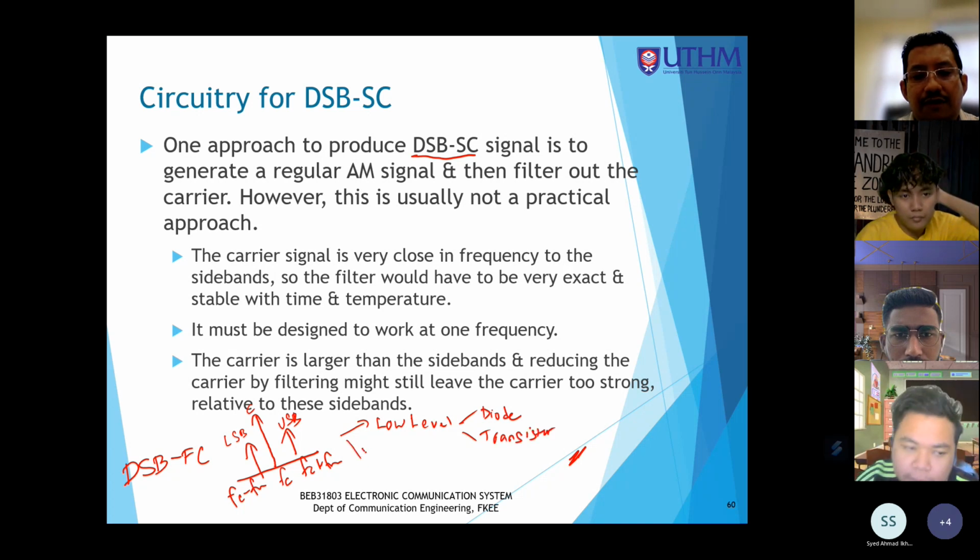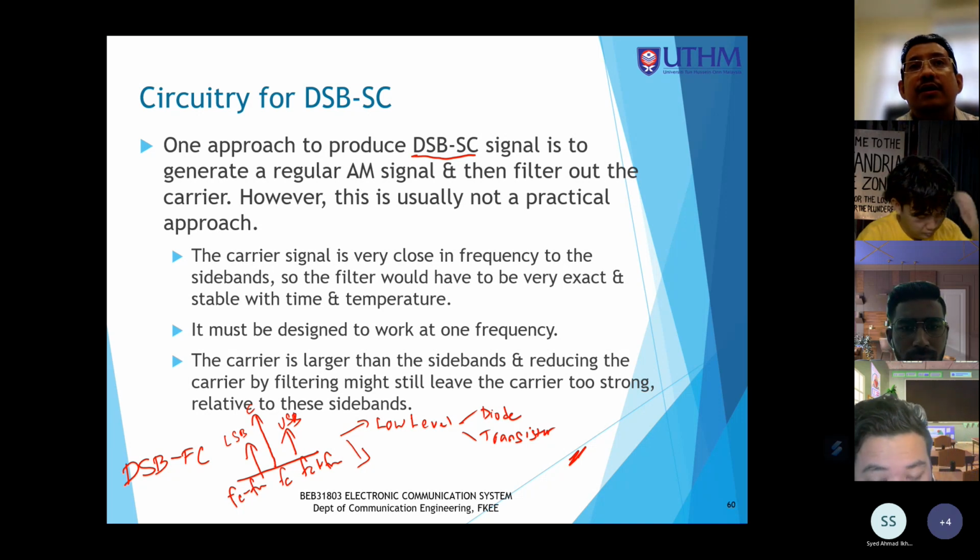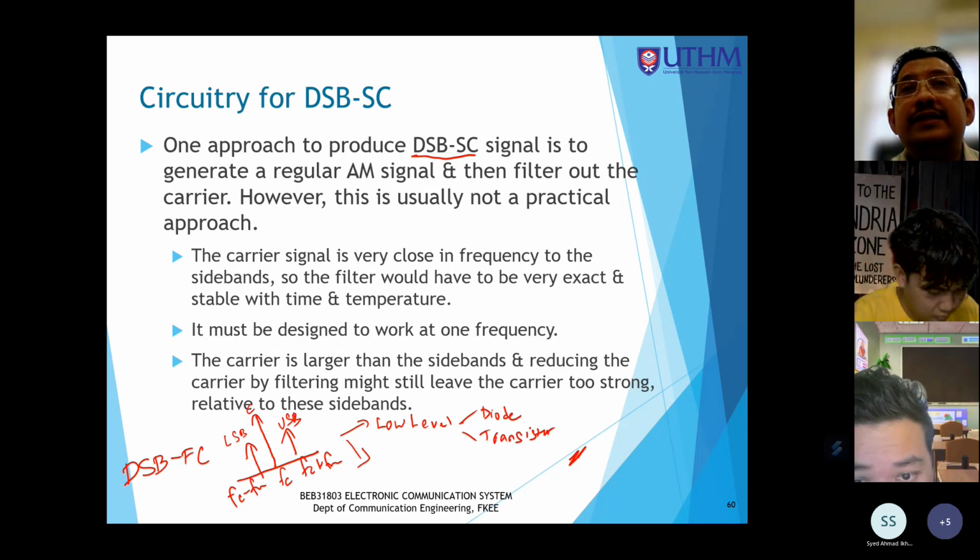For the low level modulator, it means that the output signal produced by the modulator has low amplitude, and we need additional components to increase the amplitude of the signal.